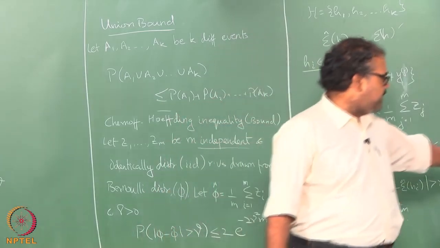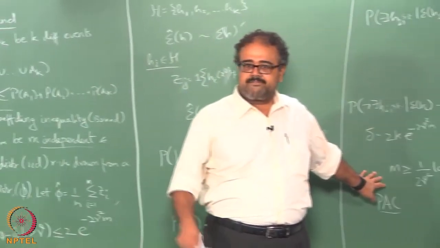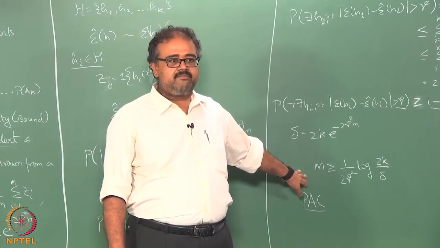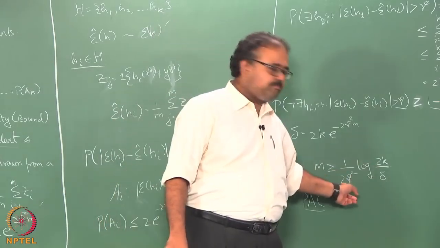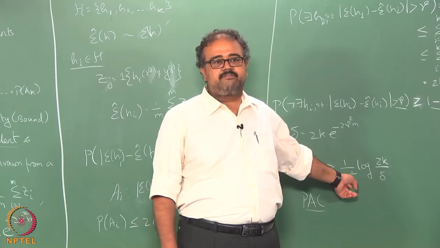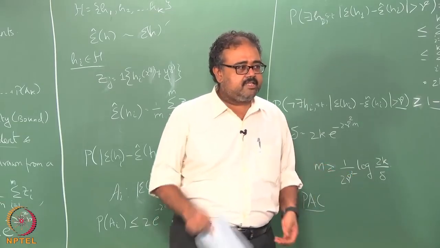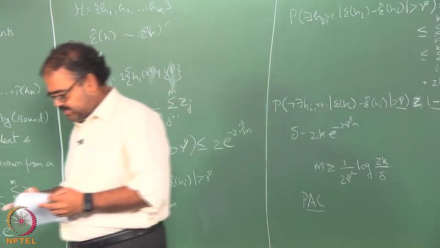So if I take at least this many samples m, the classifier that I find by doing empirical risk minimization will be within 2 gamma, where gamma is the number you plug in here, of the optimal classifier with probability 1 minus delta. That is essentially the result that we can have.